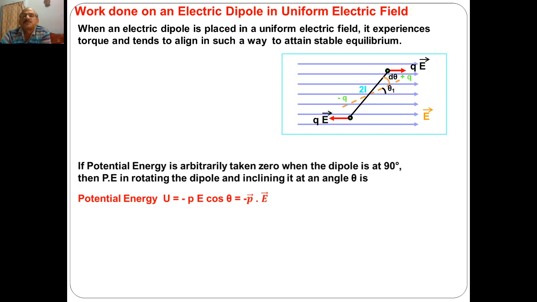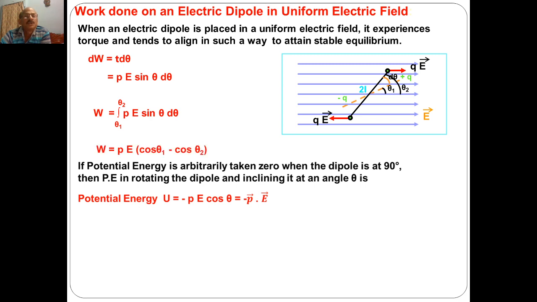Now it is displaced by an angle d theta by the external force, and in this position, the angle between E and the dipole moment is theta 2. If we remember rotational mechanics, dW will be tau d theta and tau equals p E sine theta. So the total work done is the integration from theta 1 to theta 2 of pE sine theta, and its value will be pE (cos theta 1 minus cos theta 2).